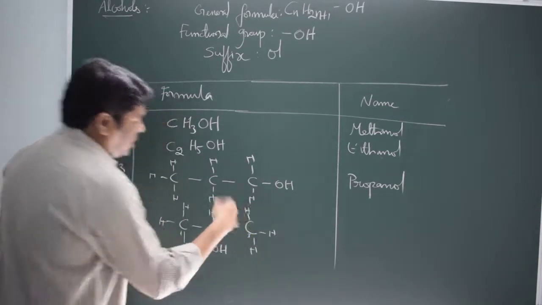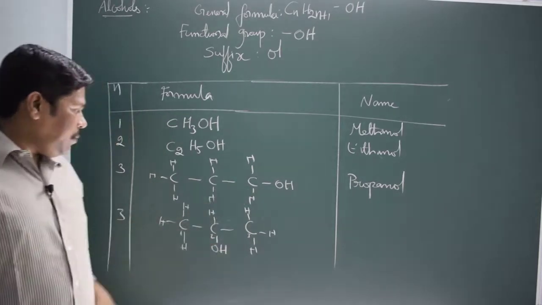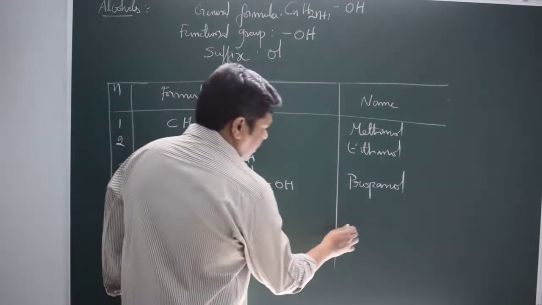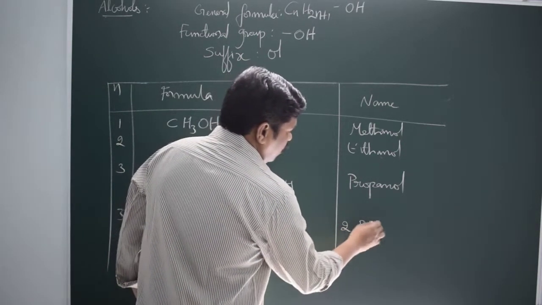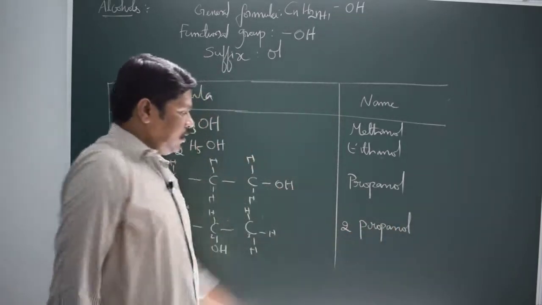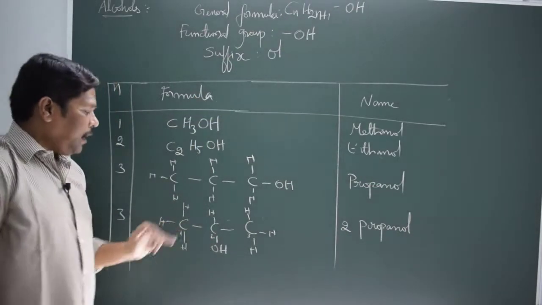So that is isopropanol, or exactly, for the second carbon atom you have the hydroxyl group, so it is 2-propanol. The meaning of this is that the hydroxyl group is attached to the second carbon atom.